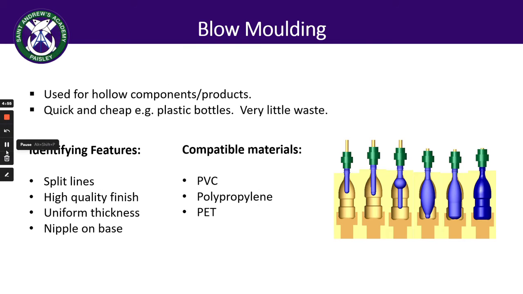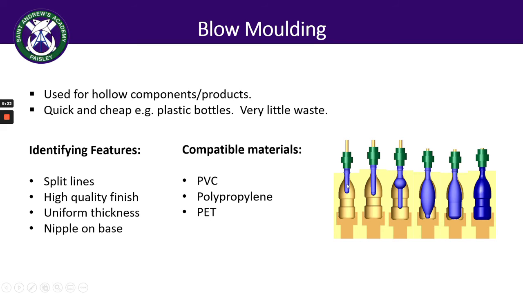So now looking at blow moulding. This is used for whole components in products. And remember I said at the beginning to think of a plastic water bottle as an example for this. The process is quick and cheap, and there's very little waste associated with it. So blow moulding starts off with a parison, which is placed inside the mould.